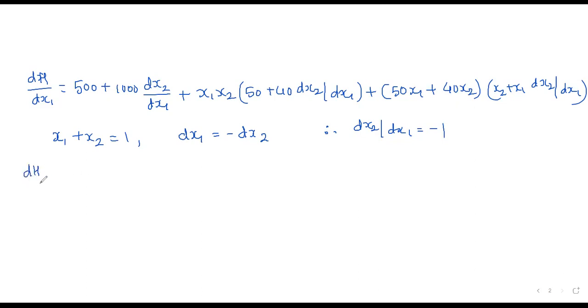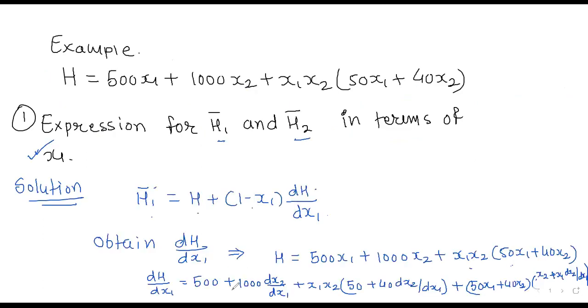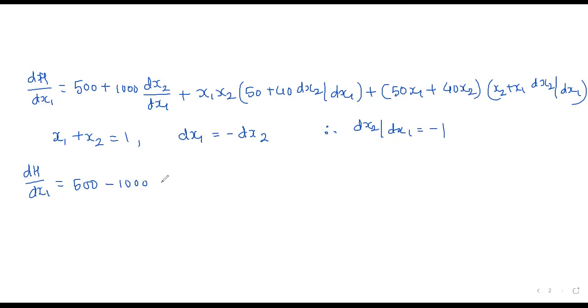So dH divided by dx1 is equal to 500, and now dx2 divided by dx1 is minus 1, so minus 1000, yes, it's 1000, plus x1 x2 as it is, (50 minus 40), plus (50 x1 plus 40 x2)(x2 minus x1).